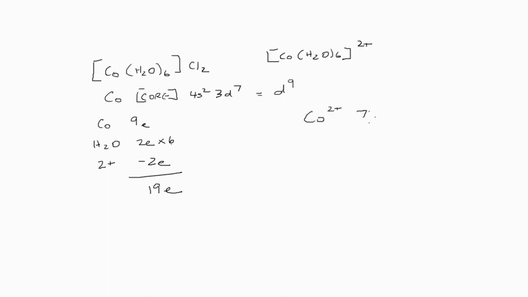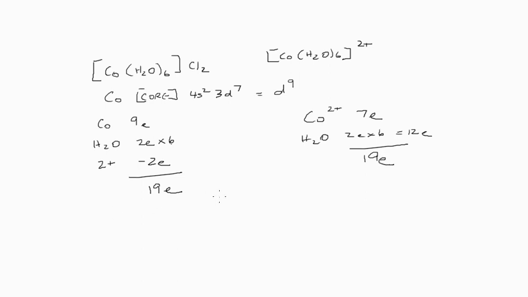Doing it the charge way, we can see that the cobalt is actually cobalt 2 plus. And so that means that that's 7 electrons. The water is 2 electrons times 6, so that's still giving us 12 electrons. And we don't have to worry about any chlorides or anything. We also don't have to worry about the 2 plus charge, because that's already been taken care of by looking at the oxidation state of the cobalt. And so again we show that it's 19 electrons.